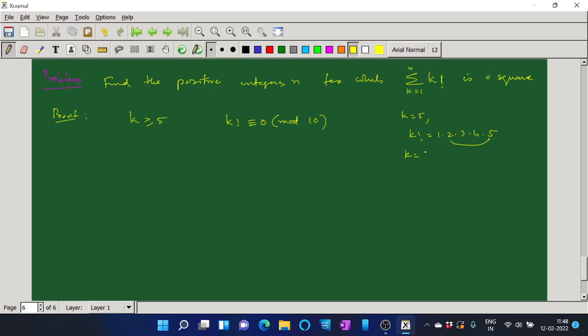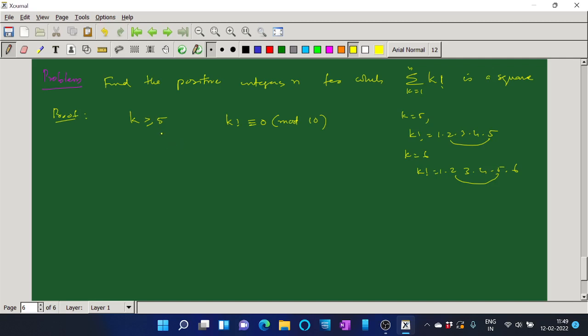If you take k equal to 6, then k factorial is 1 into 2 into 3 into 4 into 5 into 6. There also there is a product 2 into 5, 10. So for every k greater than or equal to 5, k factorial is congruent to 0 mod 10, which means k factorial is a multiple of 10.